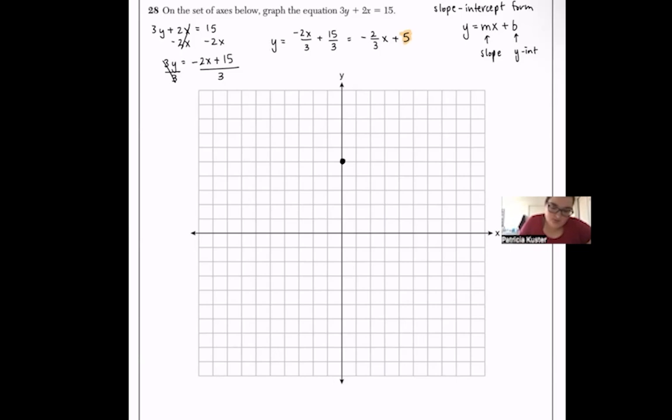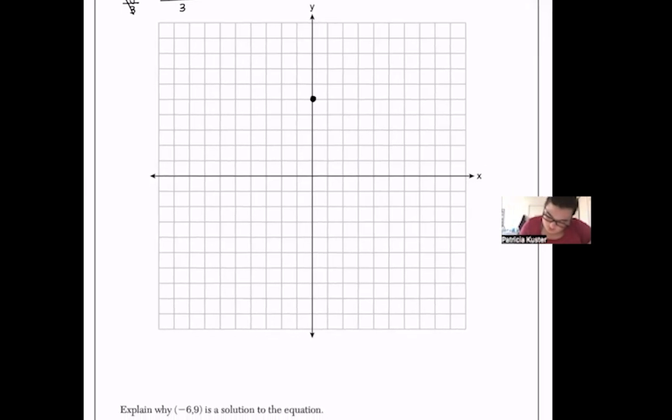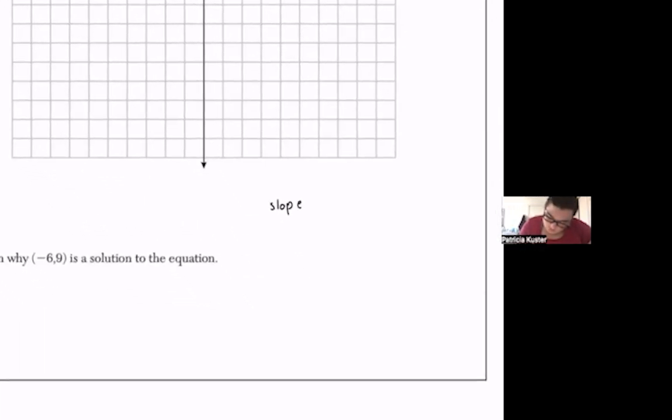Second piece is, of course, your slope. Our slope is negative 2/3. Slope, when it comes to graphing, is equal to rise over run, or some people call it the change in y over the change in x.